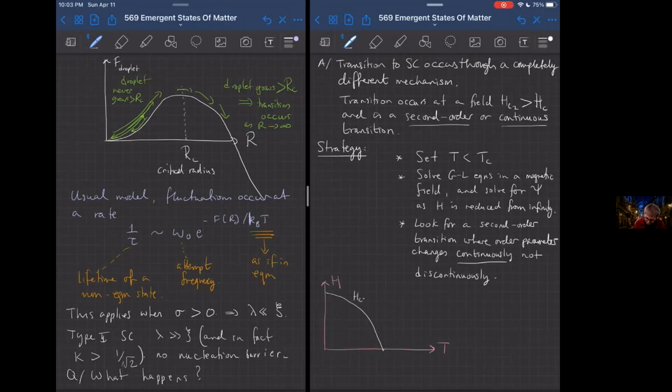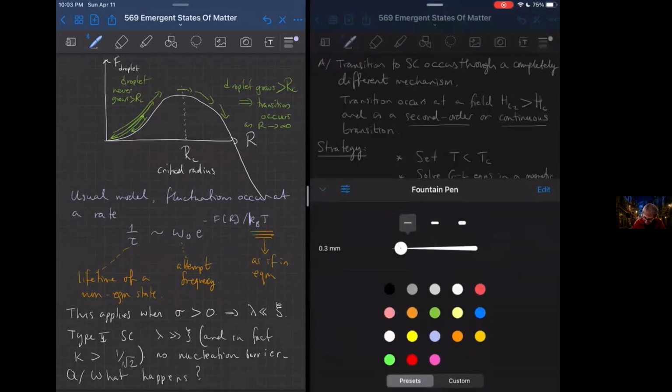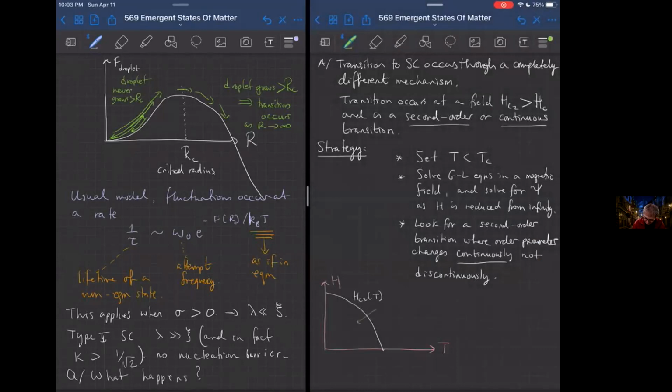So let's call this HC2 of T. Across this line is a second order transition, and this value here would be HC2, that would be TC, and this is HC2 of T. Okay, so that's the picture.